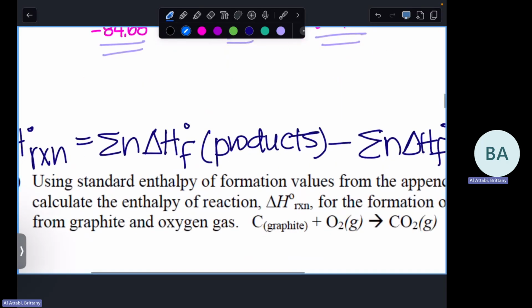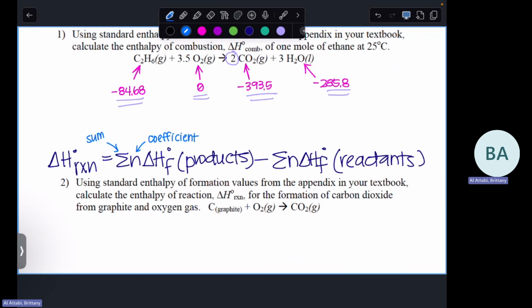So down here in the formula, the Greek letter sigma just means sum, and N is just your coefficient from the balanced equation. So I'm going to add up all of my products. So I've got negative 393.5 times 2 and negative 285.8 times 3.